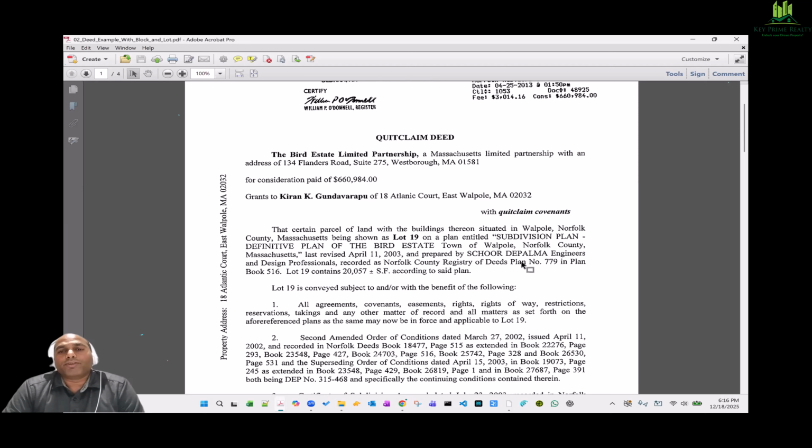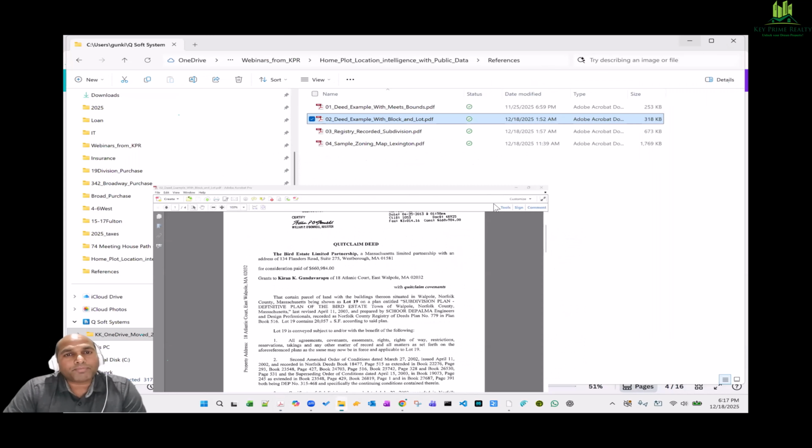If you go to the registry of deeds, you can find exactly this book and plan number. If you take book number 516 and plan number 779, you should be able to find a subdivision plan with this name, and within this subdivision plan, you should be able to find lot 19. So this is a recorded document within the registry of deeds. This is the other way to define a parcel of land. Okay.